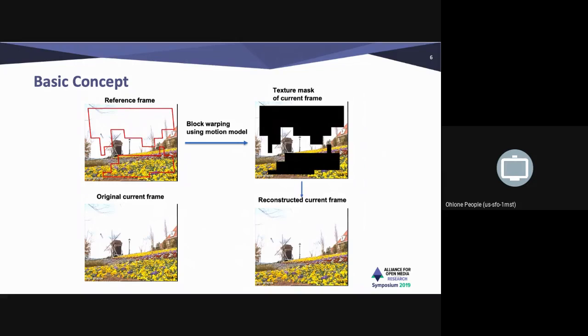As we decode, we decode the rest of the pixels in the frame the same as a codec normally does, except for these regions, which we reconstruct afterwards. This is the basic concept of how our approach works.